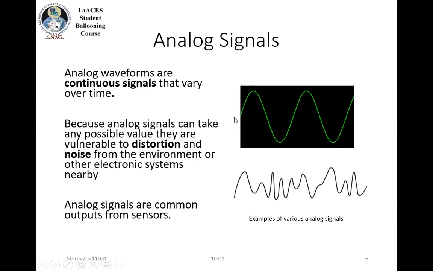But you're going to be more worried about noise and distortion and interference in an analog signal. Because you're often dealing with a continuous voltage output, analog signals are very common as an output from a sensor.